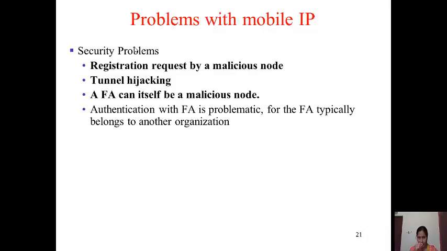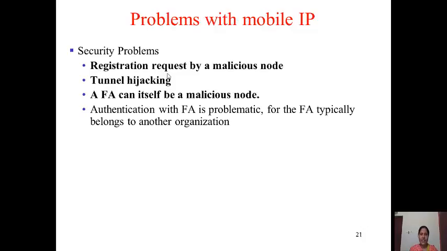So let us understand where the security problems come from. We know that we rely on a foreign agent. A foreign agent may be a malicious node, so we do not know if it is an authentic or genuine node with which to share credentials when we are in a foreign network. At times we may also have tunnel hijacking, which is also a security issue.